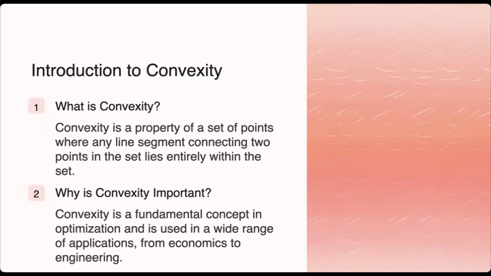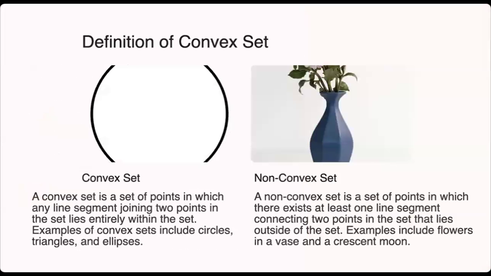So convexity is a fundamental concept for optimization. Later you will learn more about why we need the property of convexity. For example, this one can be a circle. On this set, you choose any 2 points and draw a line.